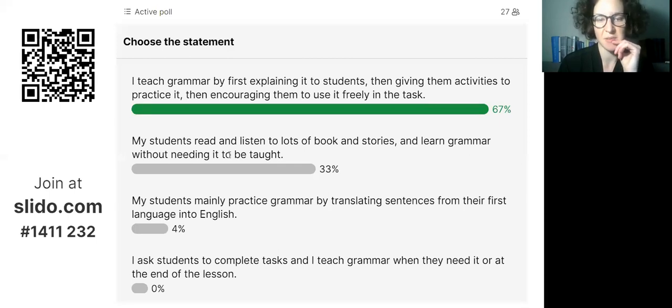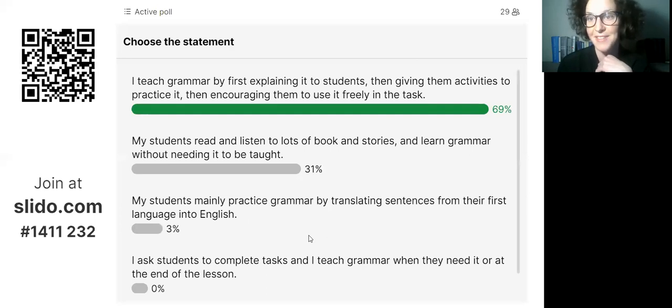Then the second place goes to letting students learn grammar from the context at once. And I guess there's only one person who practiced grammar by translating sentences. Anybody to ask students to complete tasks and teach grammar when they need it or at the end of the lesson?